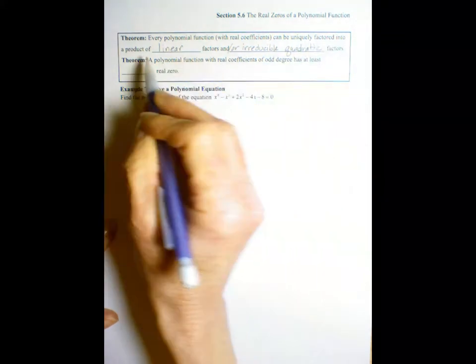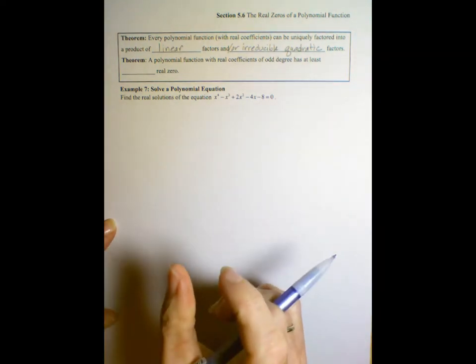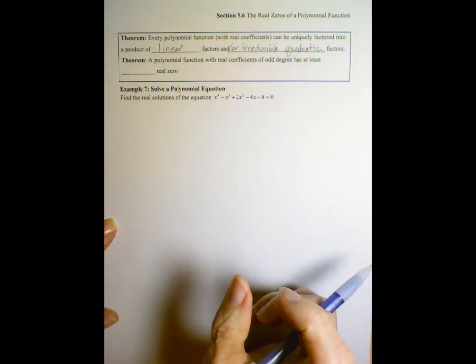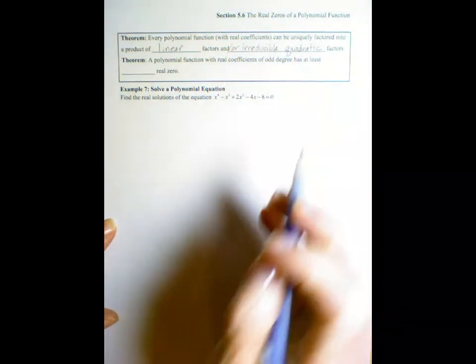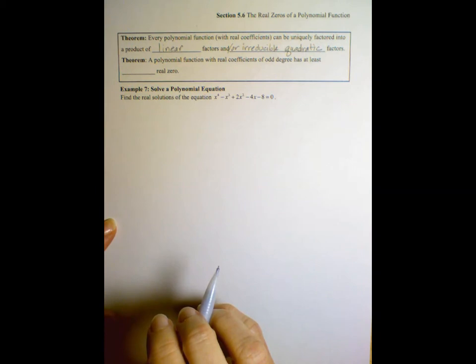So what does that mean? Linear factors, of course, means factors that have an x to the first power, like x minus 2 or x plus 1. Irreducible quadratics are quadratics that would lead to non-real solutions.